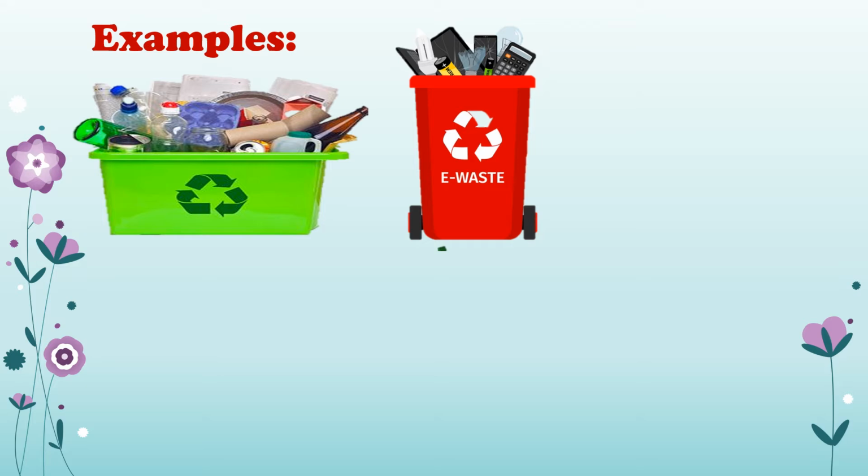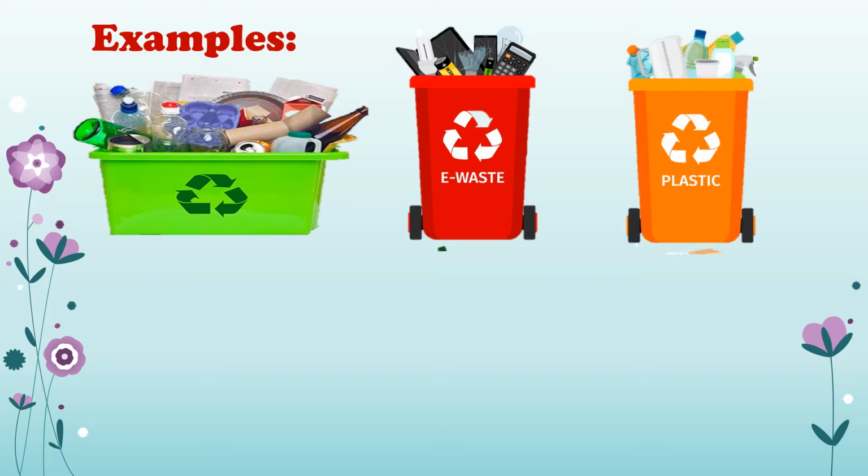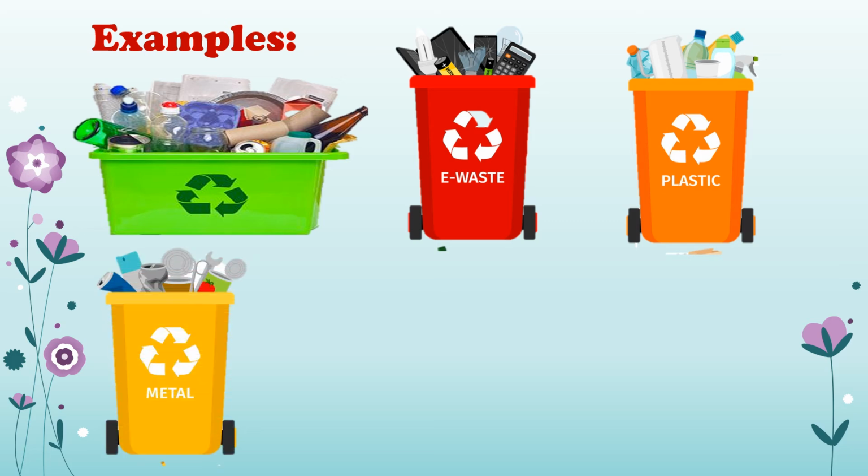Those are old things, but you can recycle them or use them again. Next, plastic. A plastic bottle, you can use for a vase. Next, metal, like the can. You can recycle this to make a new thing.